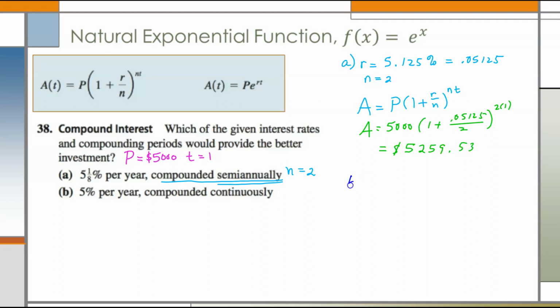Okay, let's go with the second one, which is compounded continuously. So this is our keyword, continuously. We're going to use PERT, the E formula. A equals P E to the RT. Okay, so 5,000 was a number that we decided to use for our principal since it wasn't decided. Interest rate, 5% for this problem.